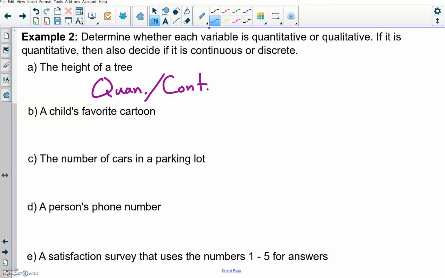A child's favorite cartoon. I don't know a whole lot of cartoons that just have numbers as the name, and really if you're adding together cartoon names, even if they were numbers, it's not going to be meaningful. When you ask a kid what their favorite cartoon is, they're going to answer in words. So this is definitely going to be qualitative.